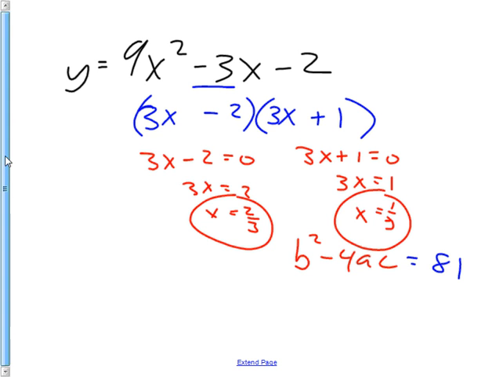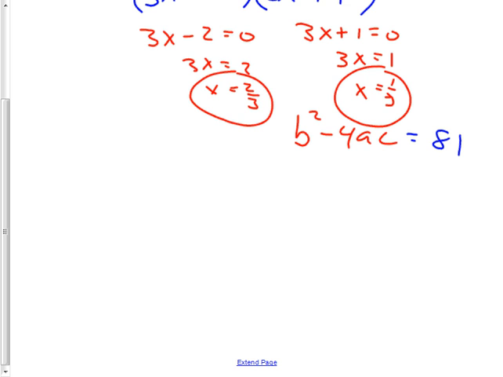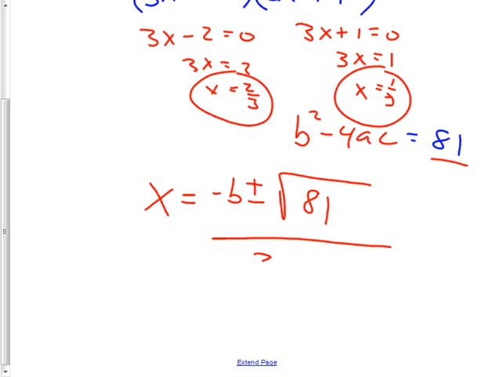Devil's advocate, it might be just as easy to just finish the quadratic formula, because once you got this part done, now it's x equals negative b plus or minus the square root of all that stuff I already did, all over 2a. And see, I'm almost done. And negative b would be negative 3 over 2a.